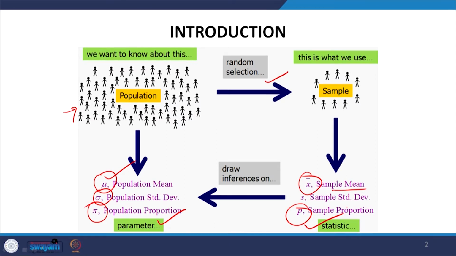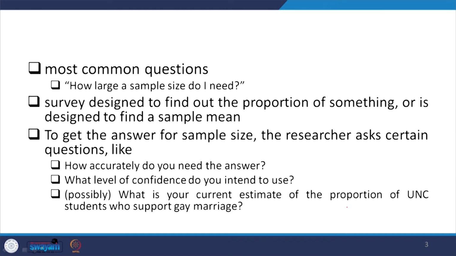I was just saying that the population's features are explained through mu, standard deviation or proportion, and accordingly we derive the sample. We have already discussed sample types in our previous lecture. Now let us proceed to understand the common questions we generally deal with while discussing the issues of sample size.